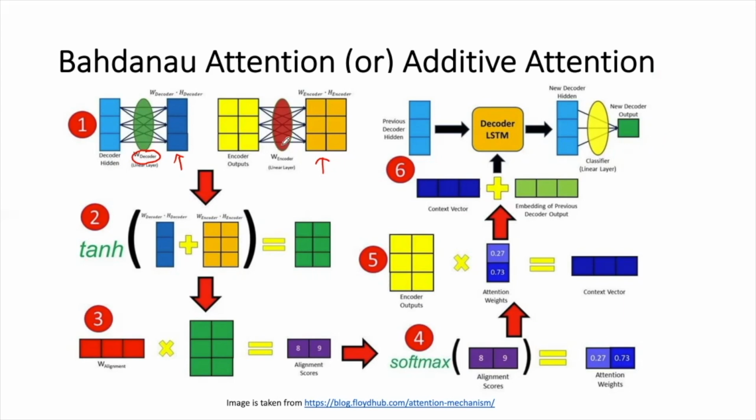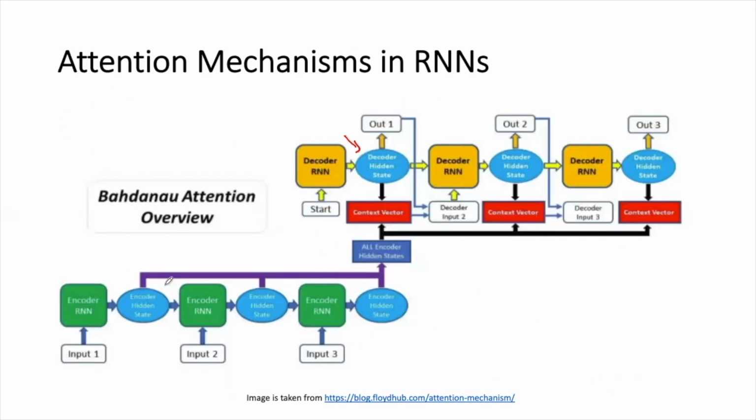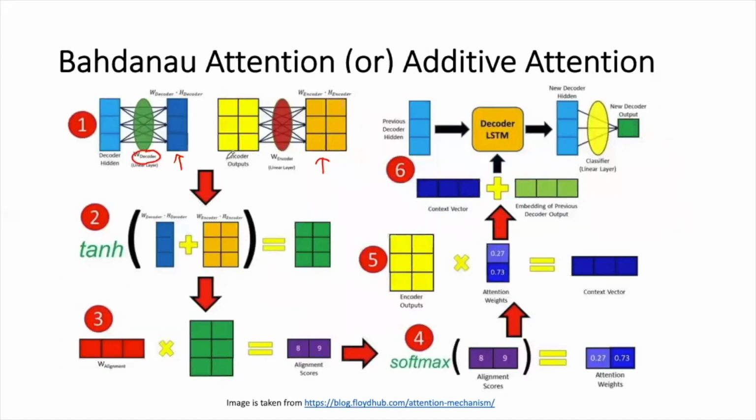Similarly, we have the encoder outputs, which are different vectors. Each of them is a vector, and these are basically the encoder outputs. The encoder outputs are multiplied by another matrix, W encoder.